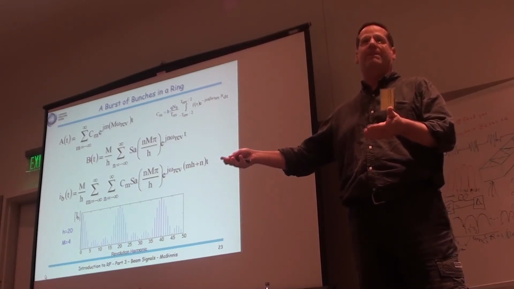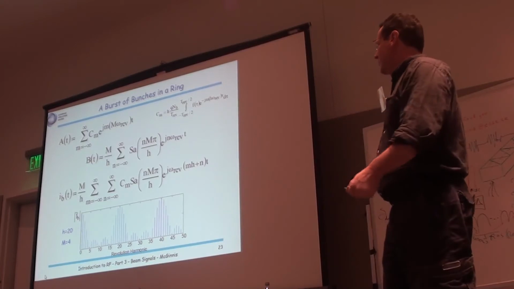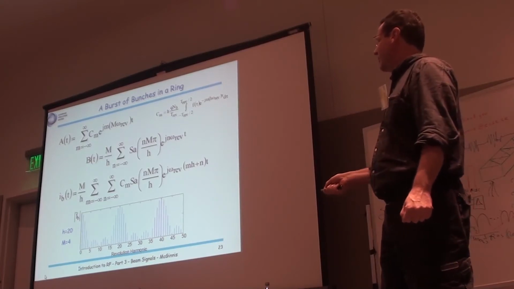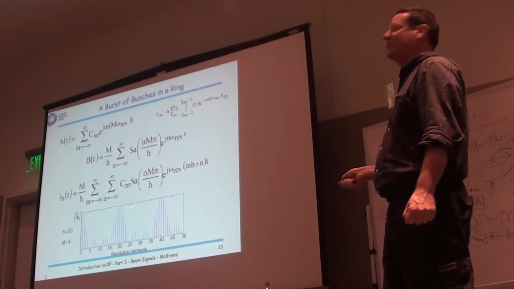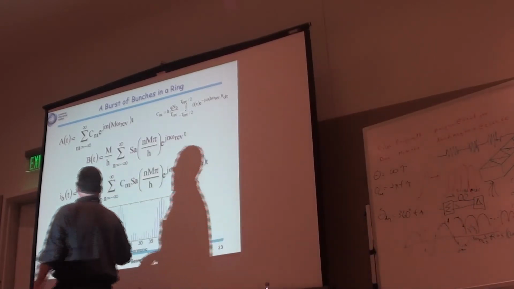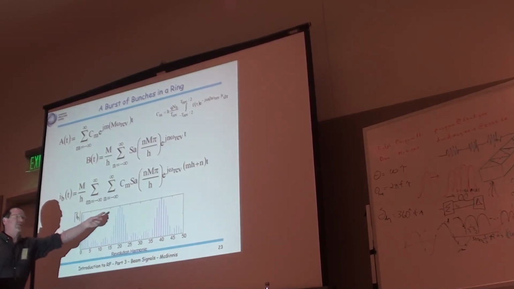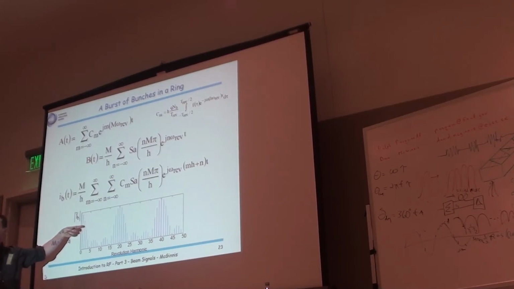If you get this big abort gap and nothing else in there, you get this accentuated abort gap, in which you would get all the revolution lines. As the abort gap gets wider and wider, these start coming out, and you start seeing all the revolution lines, to the point where you only get one bunch. Your abort gap is big and there's hardly any bunches. Then you see all the revolution lines.